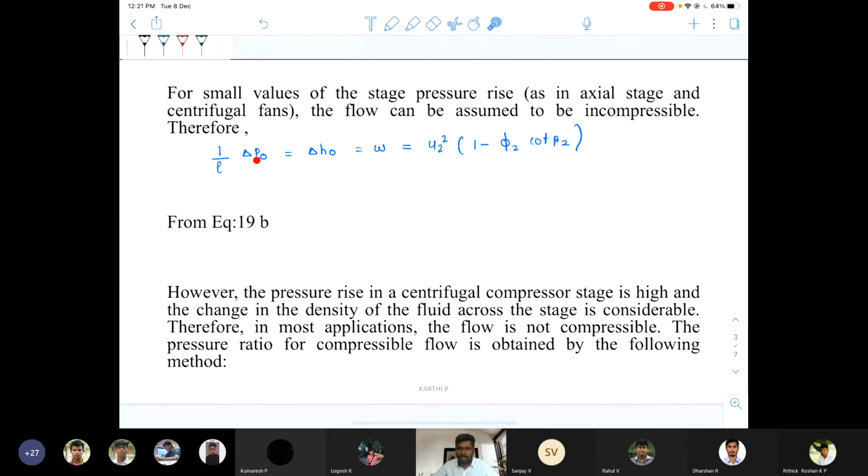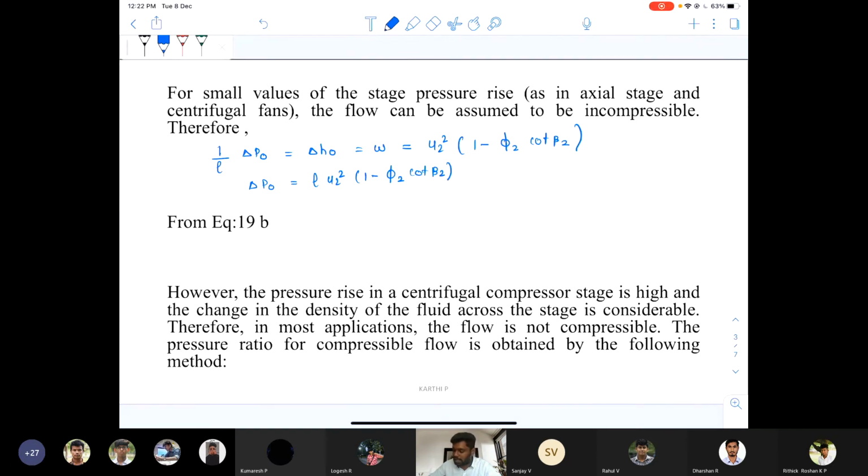the delta P naught. Now this equation can be written as: the pressure rise is equal to rho times U2 square into 1 minus the flow coefficient at the exit into cot beta 2.